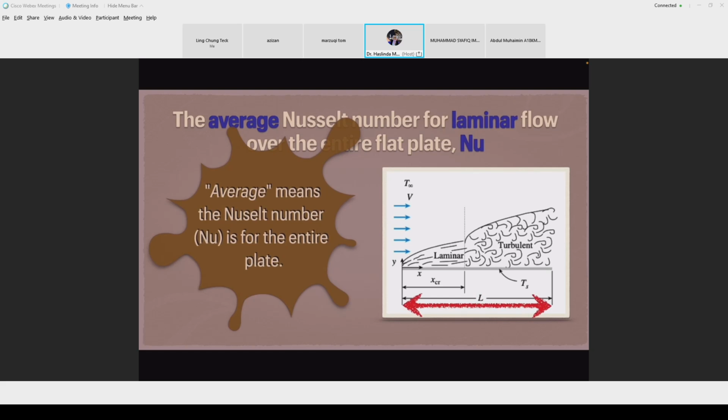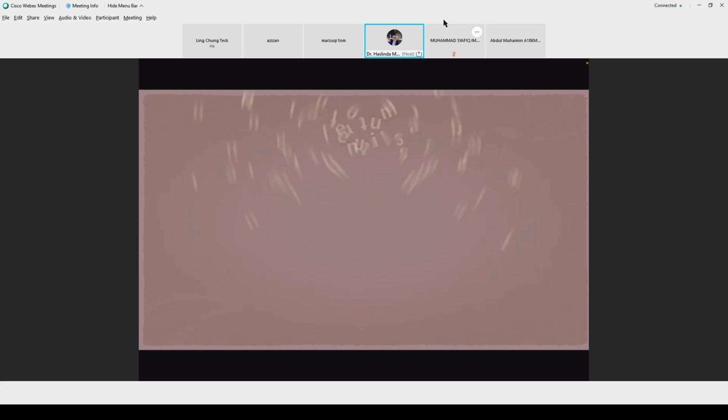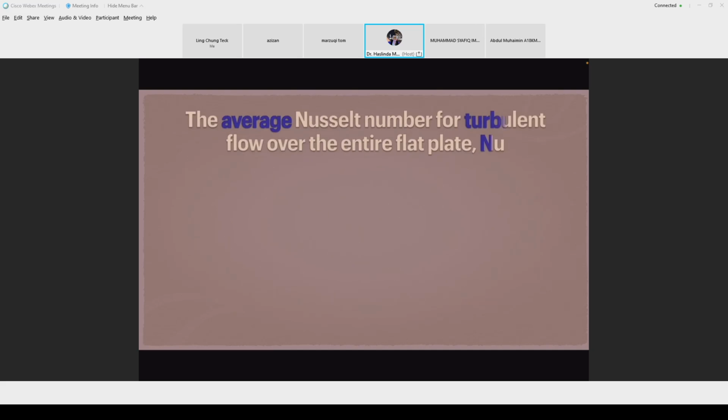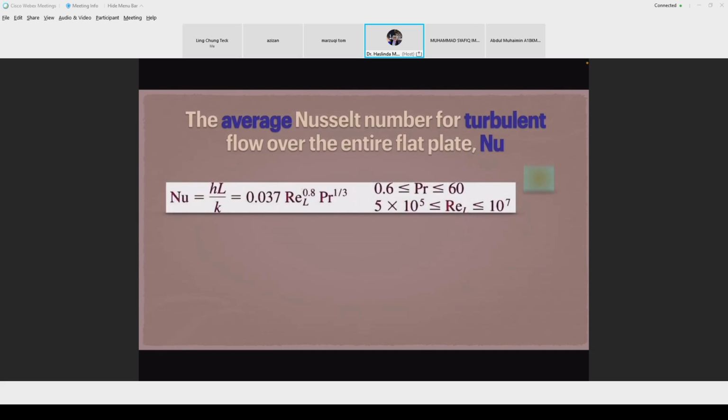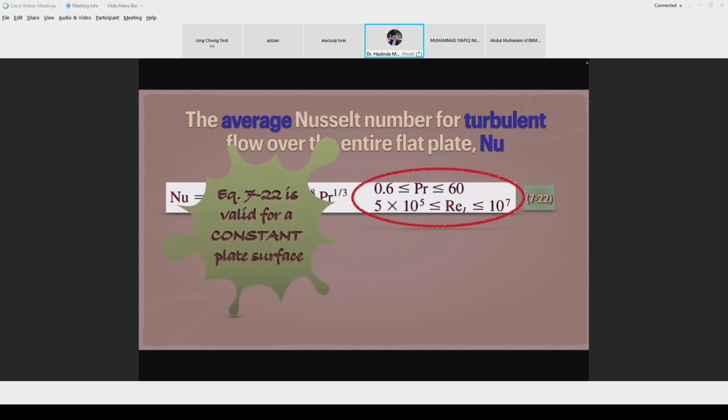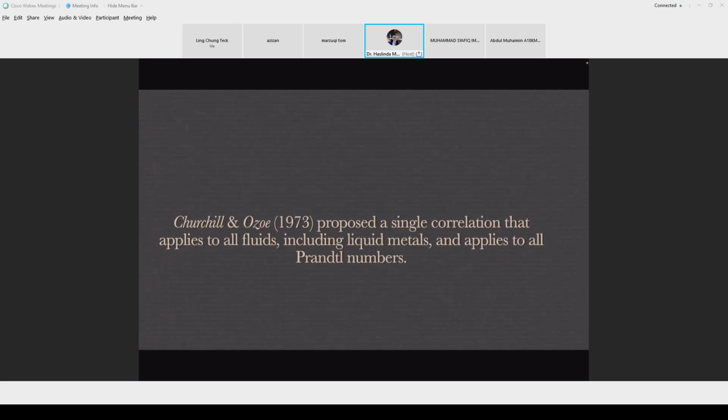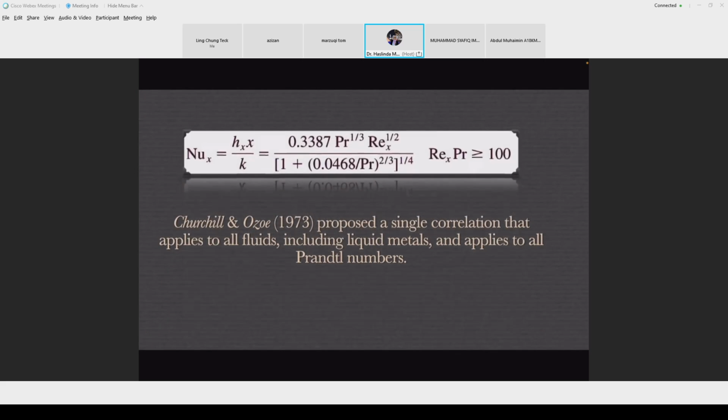Okay, so here I explain. If you look, I have given a bubble like this. Valid for a constant temperature. It looks like the word temperature was left out, right? Constant surface temperature.